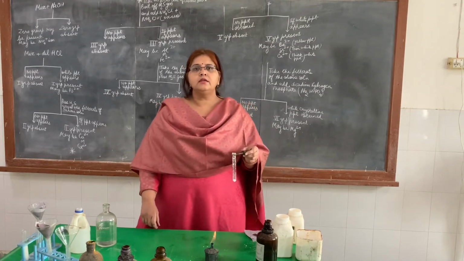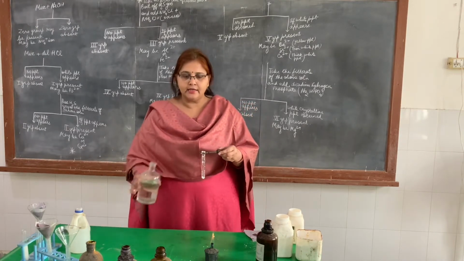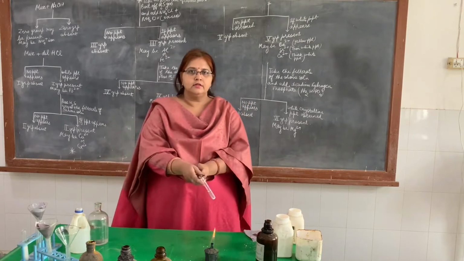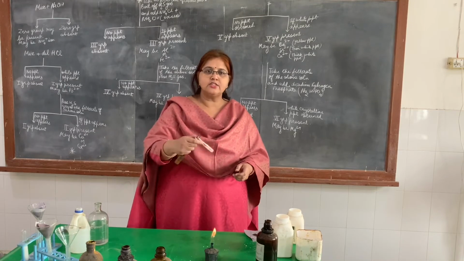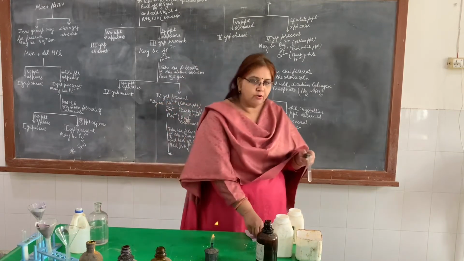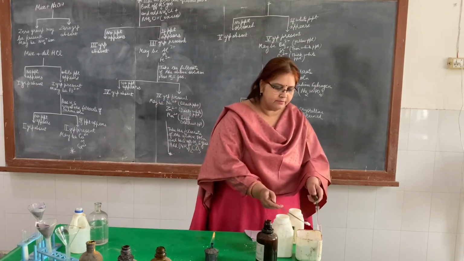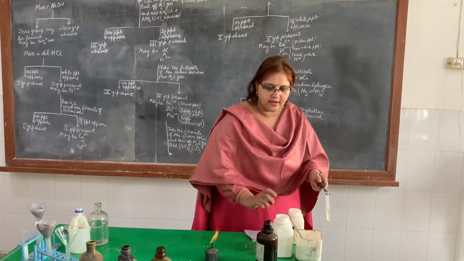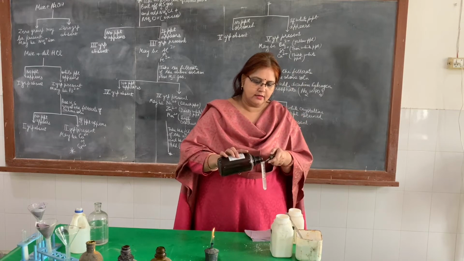Take the mixture in a test tube, add dilute HCl, make it a clear solution. Just by shaking it gets dissolved. Then add ammonium chloride and ammonium hydroxide in excess.